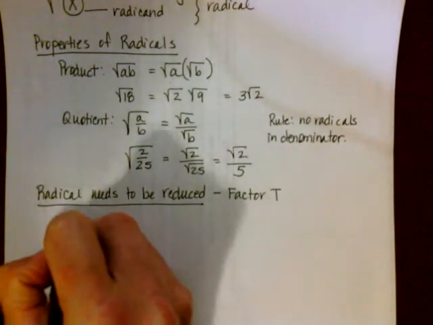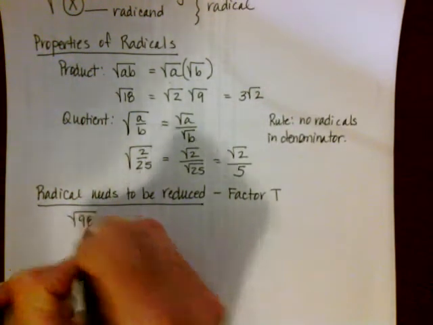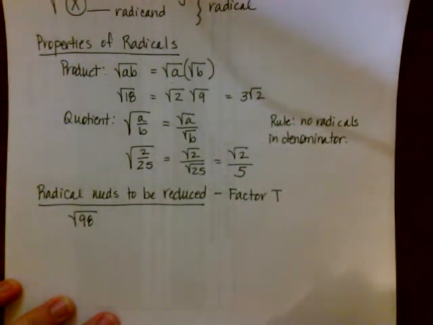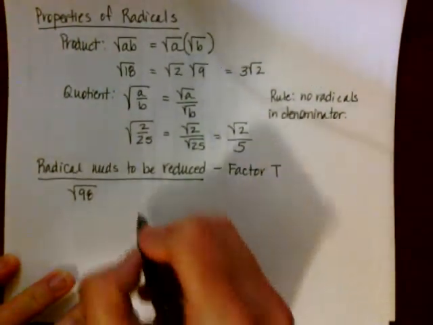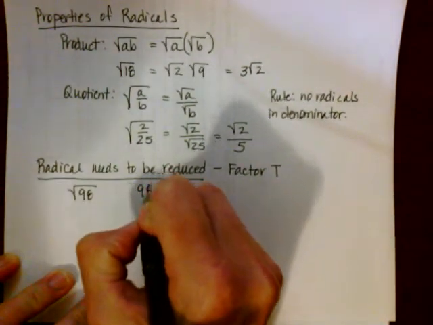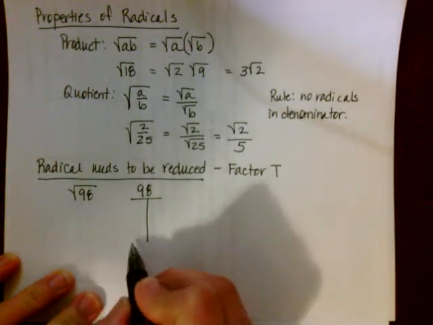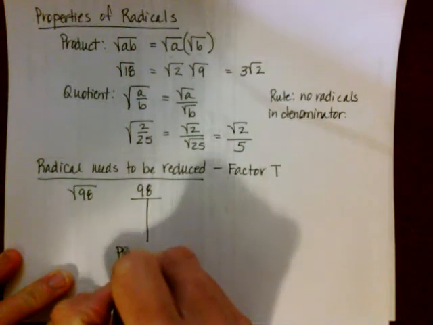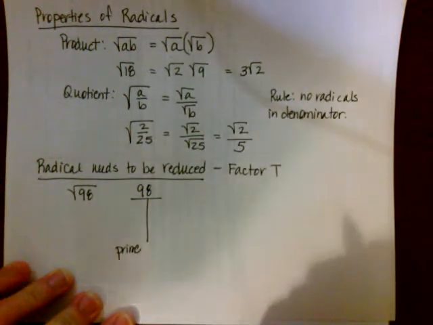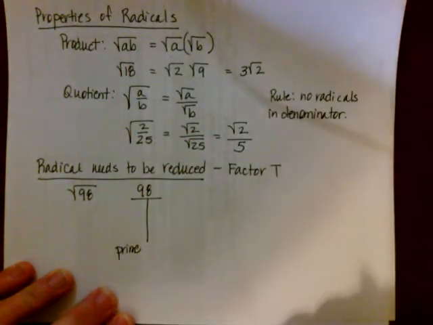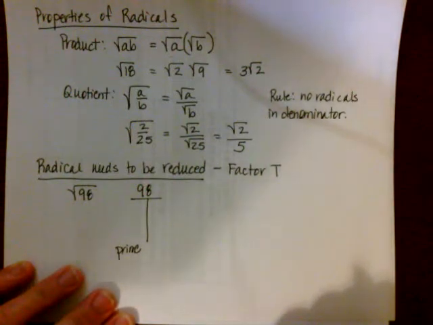So let's say I have the square root of 98, and I need to reduce that radical. I would write 98 at the top of the T. The numbers on the left-hand side are going to be prime numbers. And remember, the definition of a prime number is any number whose factors are 1 and itself.